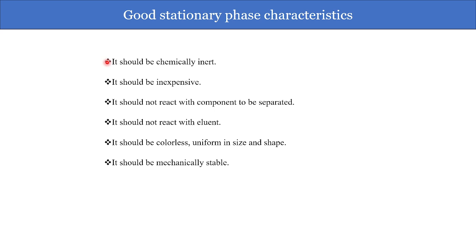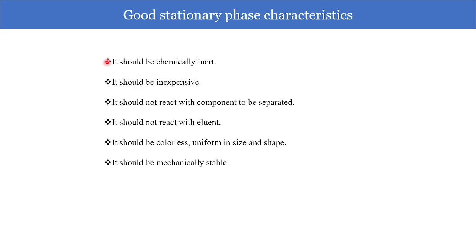Now, good stationary phase characteristics are very important because it should not be affecting the protein or molecule that you are trying to separate out. That is why it should be chemically inert.